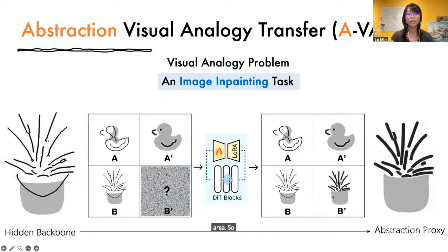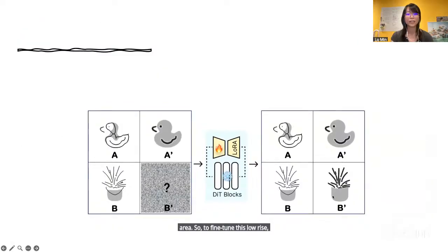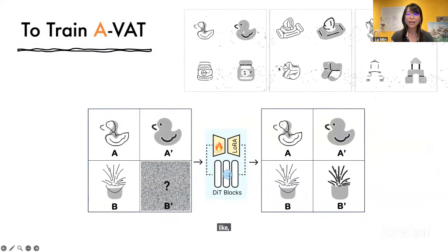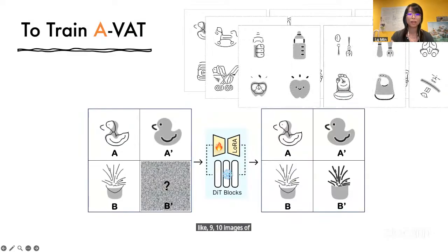Fine-tuning this LoRA is actually very simple: we prepared about 10 images of this kind of 2x2 grid from the reference, so that the LoRA can really learn the mapping from A to A prime, so that it can generate B prime from B.